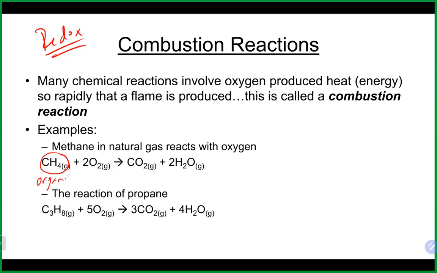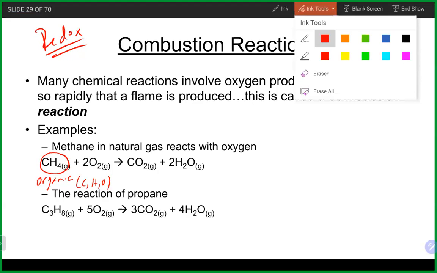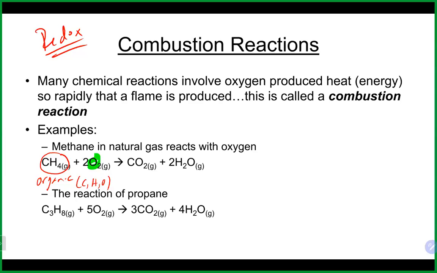An organic molecule basically has carbons, hydrogens, and sometimes oxygens as well. It doesn't always need oxygen, but sometimes has it. The way you can recognize an organic combustion reaction is pretty simple. These are the three things you should look for. You should see O2 on the left, and it will always produce CO2 and water. So if you have any type of organic compound reacting with oxygen, CO2 and water is the deal.